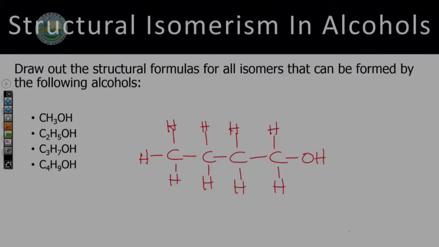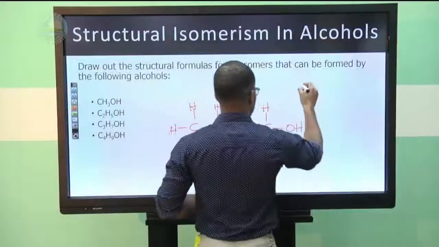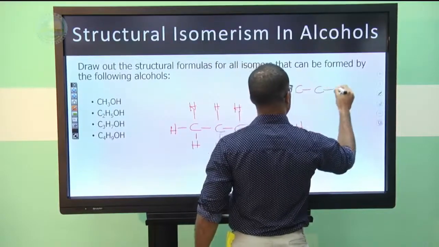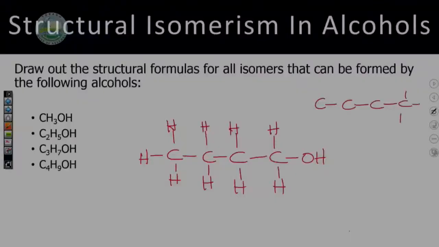So a 4 carbon alcohol, this is the first isomer that we have. So we are going to draw the second isomer, and the second isomer, of course, is going to have the 4 carbons present.